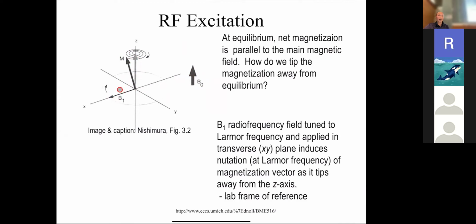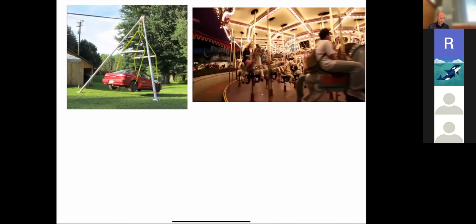It's like 60,000 times less. Remember, we can just take a loop of wire and run current into it to create this B1 field, as compared to this huge monster magnet that we created. So we're trying to move something the size of an elephant with a feather. That's the order of magnitude difference.